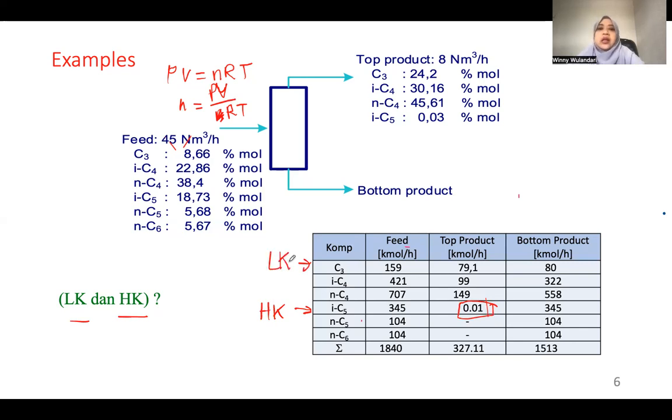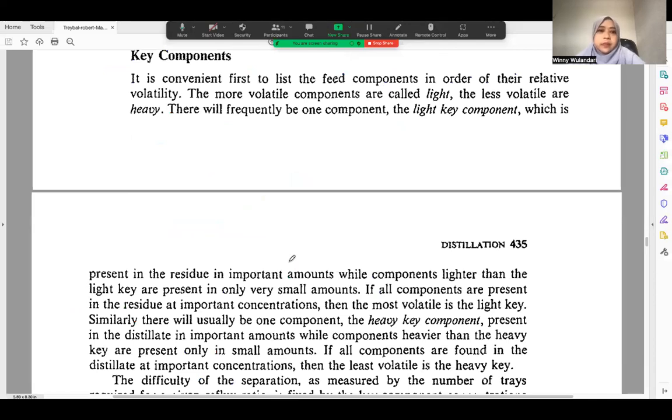Okay, so let's have a look at the key components definition that we got from the book. It is convenient to list the feed components in order of relative volatility. The more volatile components are called light, and the less volatile are called heavy.